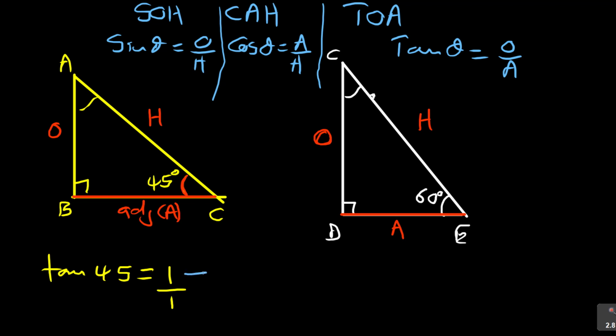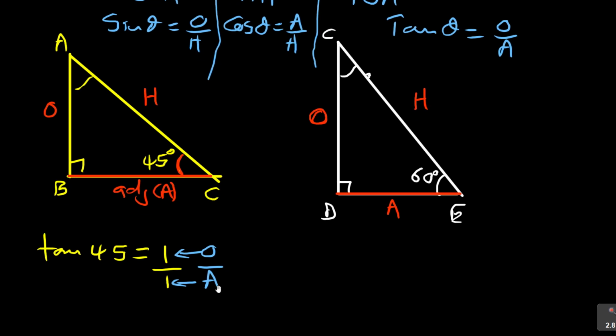This will then help me to say this is my O over this is my A, taking it from here. You see that? So it's my O over A. So in other words, my opposite is 1 and my adjacent is equal to 1. If I come back to this triangle, I have got my opposite as 1, my adjacent as 1.